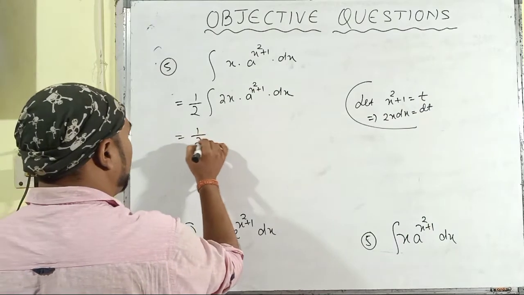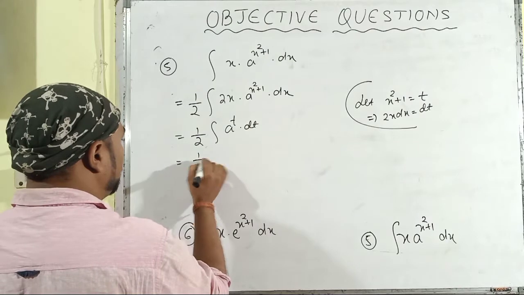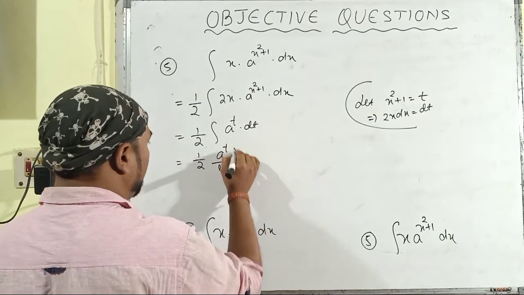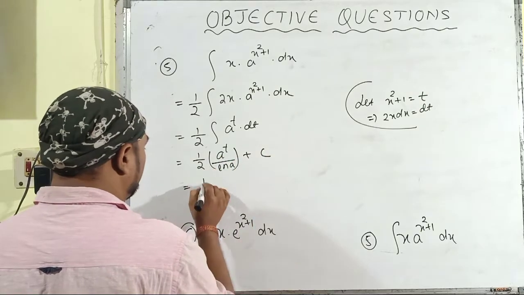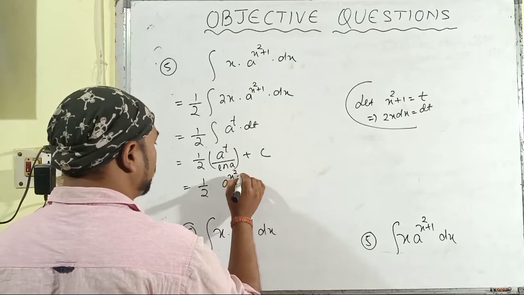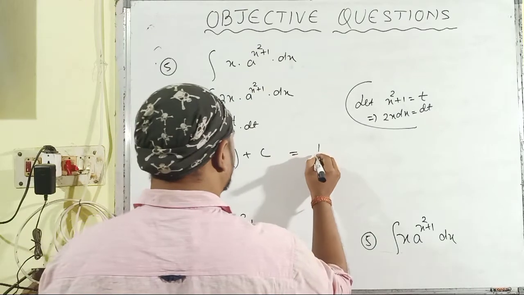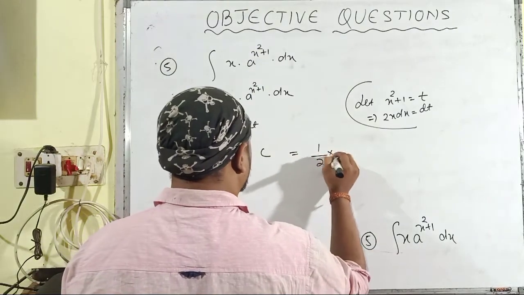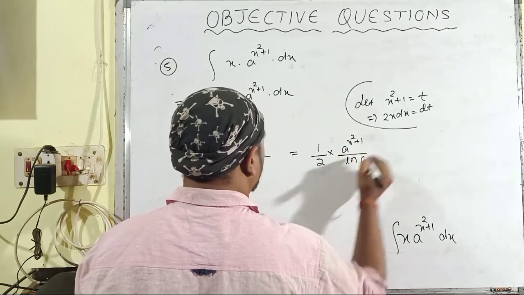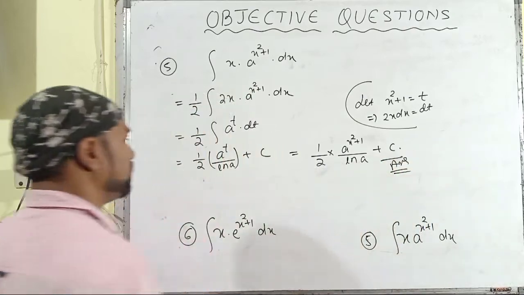So it will be 1 upon 2 integral of a to the power t dt, then it is 1 upon 2, a to the power t divided by ln a plus c. That means it is 1 by 2 multiplied with a to the power x square plus 1 divided by ln a plus any constant c, and this is your answer.